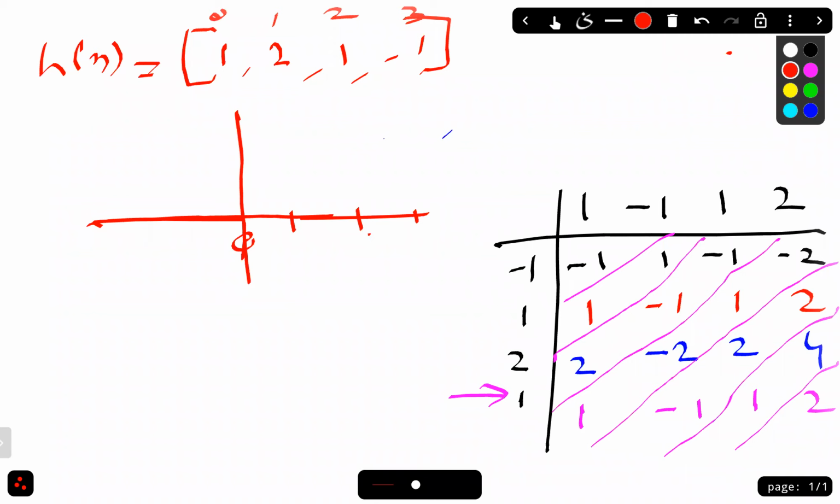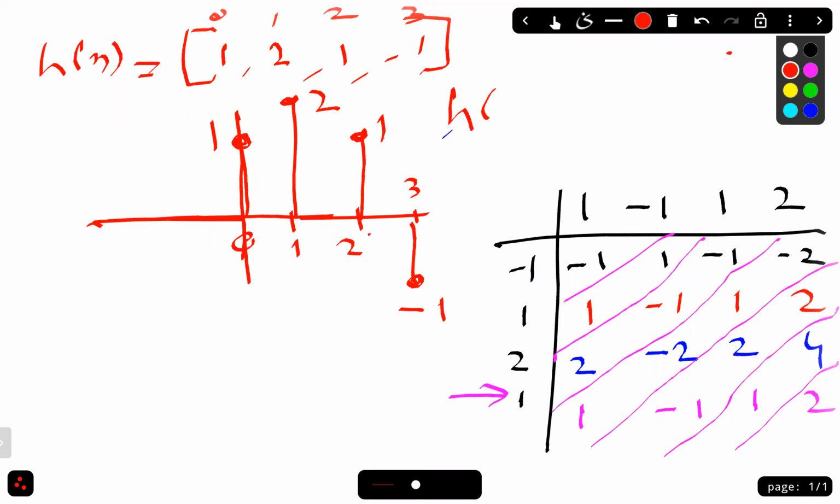So at 0, what we have? We have amplitude 1, right? At 1 we have amplitude 2. At 2 we have amplitude 1, and then at 3 we have amplitude -1. So ये -1 समझ में आया? This is 1 2 1 and -1. Have understood? This is our H of n signal.